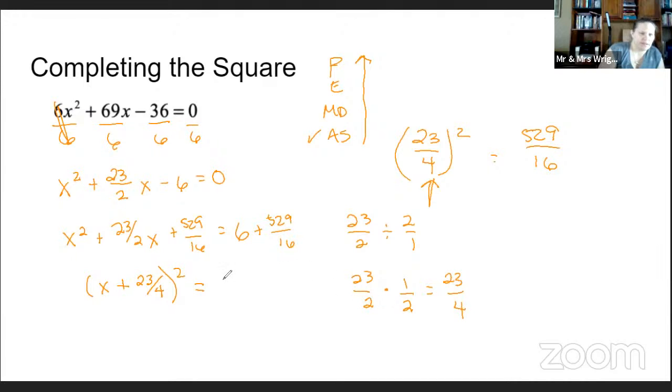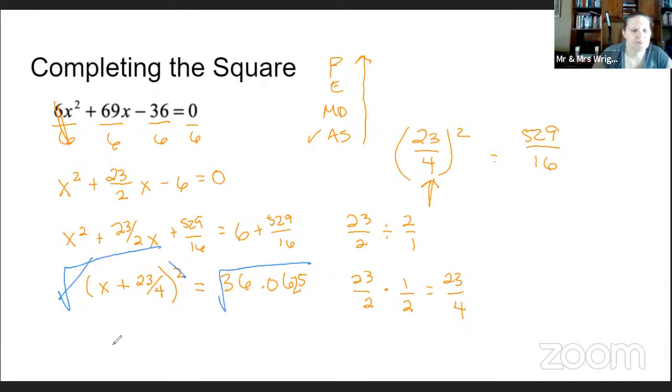And so that is 36.0625. All right. I like that better than a fraction. And then we're going to square root both sides.